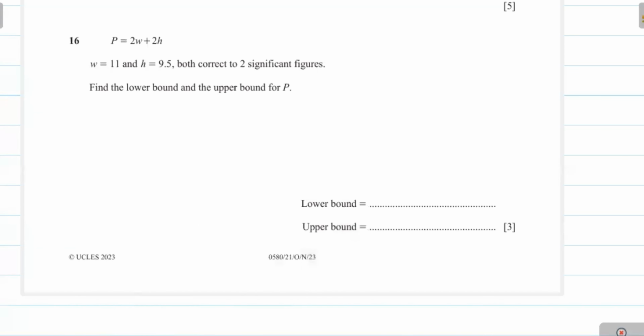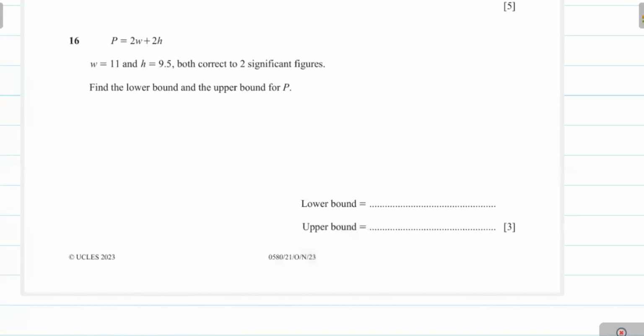And the next here is the value H is 9.5. And correct to two significant figures, this is the second significant figure digit. Therefore, the error will be, 1 decimal place value is 0.1, over 2, this is the error for this H value. Therefore, 0.05 is the error.